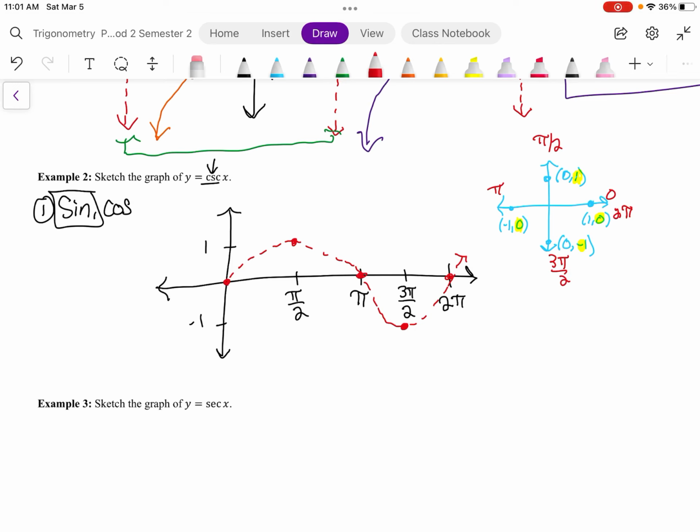All right. So once we have our original function or our sine reciprocal function graph, step 2, we are going to draw in our asymptotes. And those are going to be wherever sine equals 0. So our asymptote is going to be at every spot where our sine function happened to equal 0.